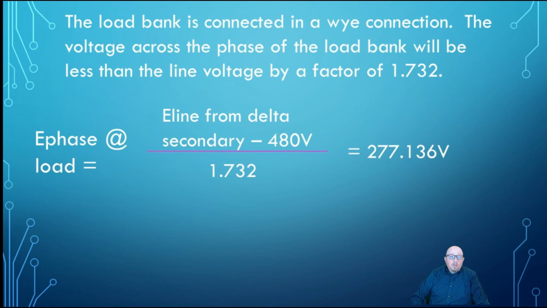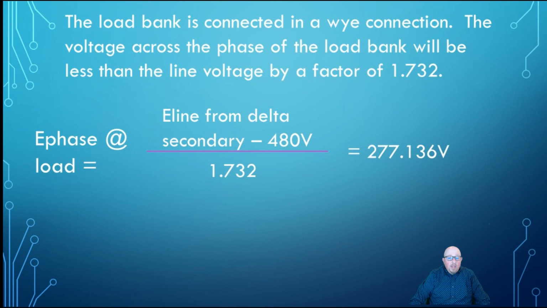So the load bank is connected in a Y connection. The voltage across the phase of the load bank will be less than the line voltage by a factor of 1.732. So again, it's the same math, only in reverse for a delta. The voltage for phase at the load is going to be the voltage from the delta secondary, 480, divided by the square root of 3, which is 1.732.